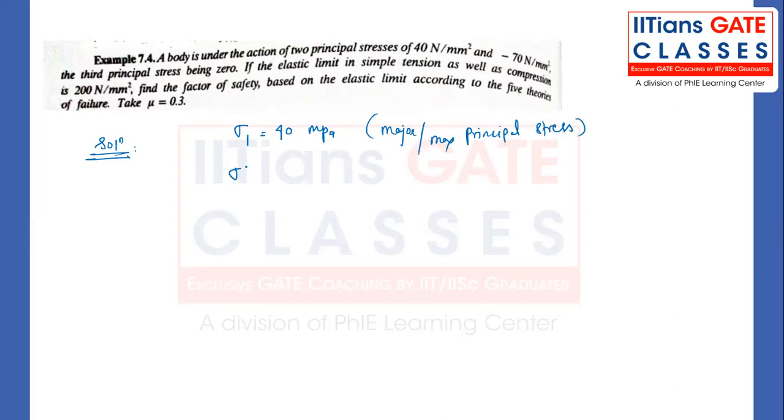Getting my point? What about sigma 2? 0. The least value, the most negative value, will be considered as the minor or minimum principal stress.